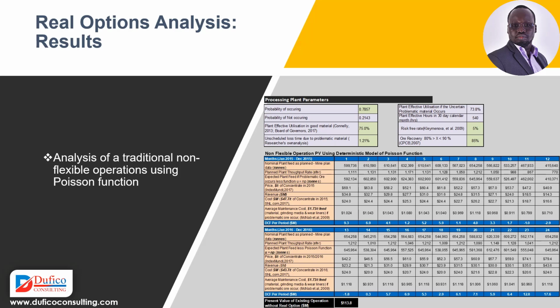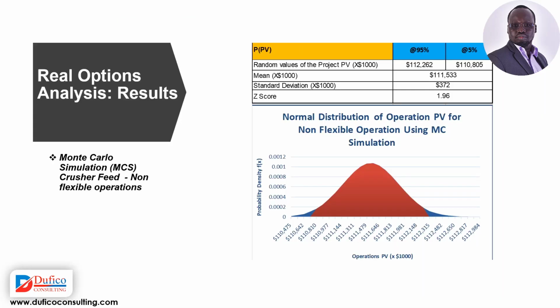That is over a 2-year period, between 2015 and 2016. If you run this mine with the parameters in the table, then you are getting almost $114 million. That is what you will get. The mine is not flexible. If the bad ore gets in there, bad luck.